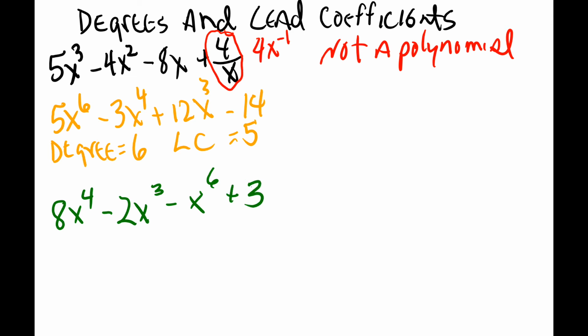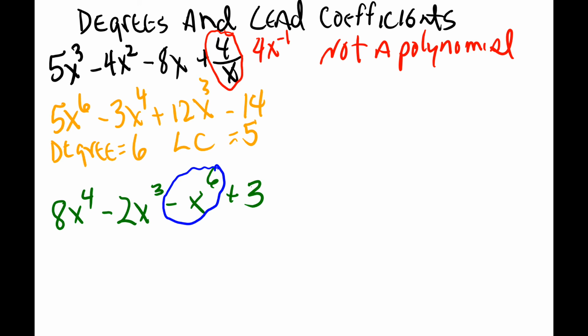All right, so here's one where they're trying to trick us. And how are they trying to trick us? They have written this negative x to the 6th right here in the middle of this expression and not at the very beginning.